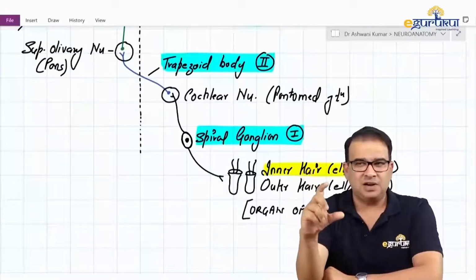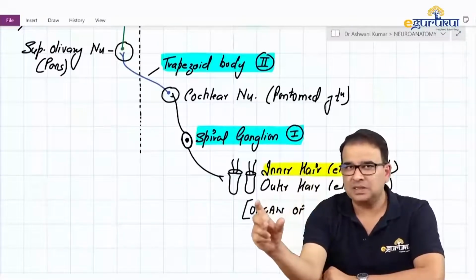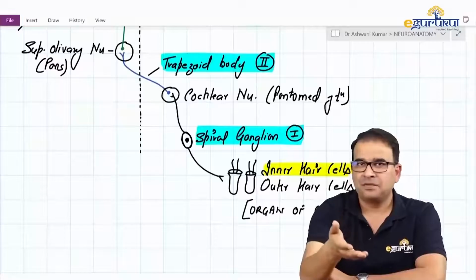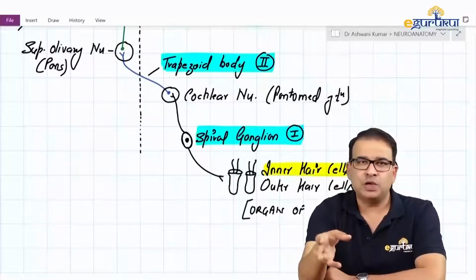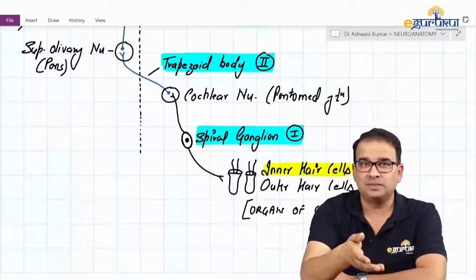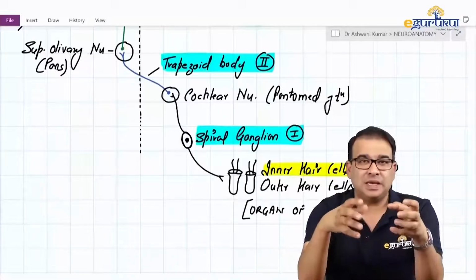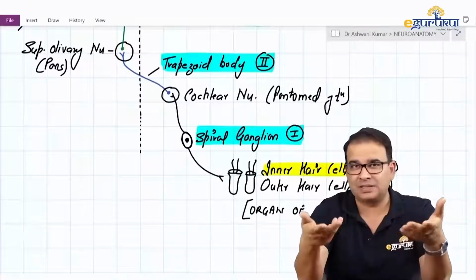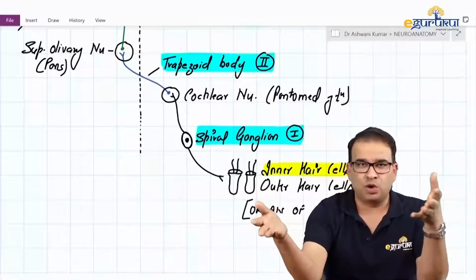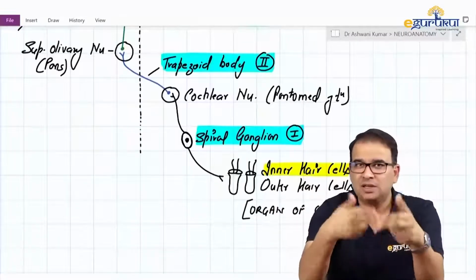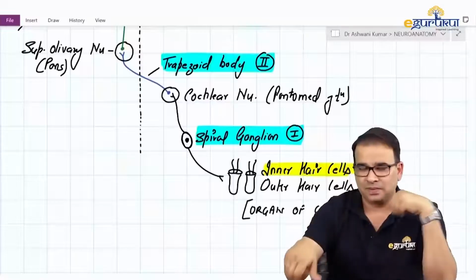When you think of the stapedial reflex, we all know that the stapedius muscle is supplied by the facial nerve, and the motor nucleus of the facial nerve is in the pons only. So it makes sense to have the center for stapedial reflex in the pons so that the reflex can be fast. That's what the target is. We always want the sensory and motor nucleus close to each other so that the reflex could be fast.